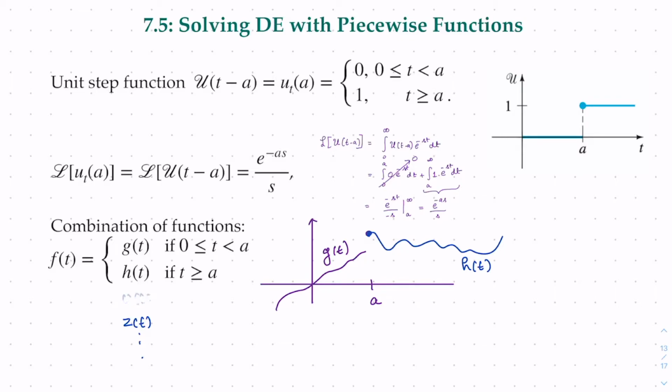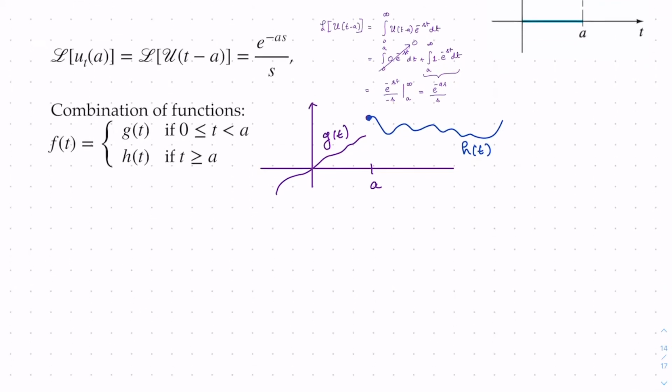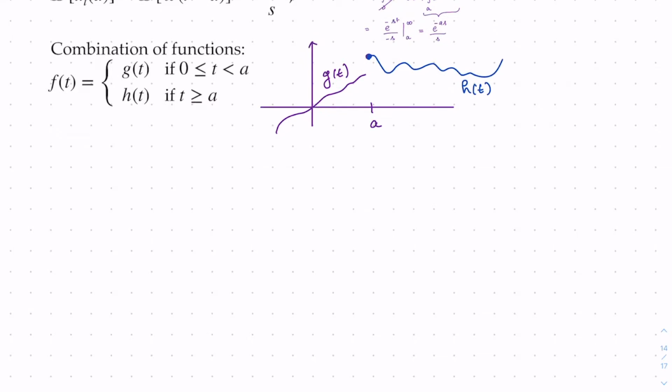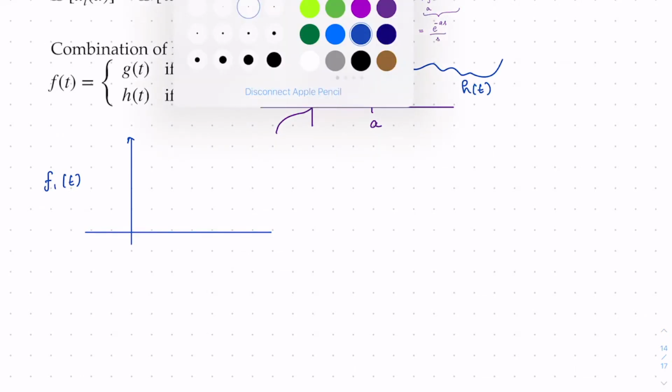All right, so let's take a look at this function. Very simple function, not a big deal. Suppose I give you this function that I'm going to call f1 of t, which has the following graph. Again, we are only interested in functions for t greater than or equal to 0 because of the way the Laplace transform is defined.